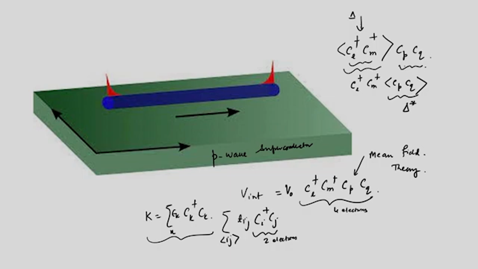So now we are left with operators CP, CQ and CL dagger, CM dagger, or you can simply write it as delta CP, CQ plus a Hermitian conjugate. The Hermitian conjugate will be the second term, which is here.